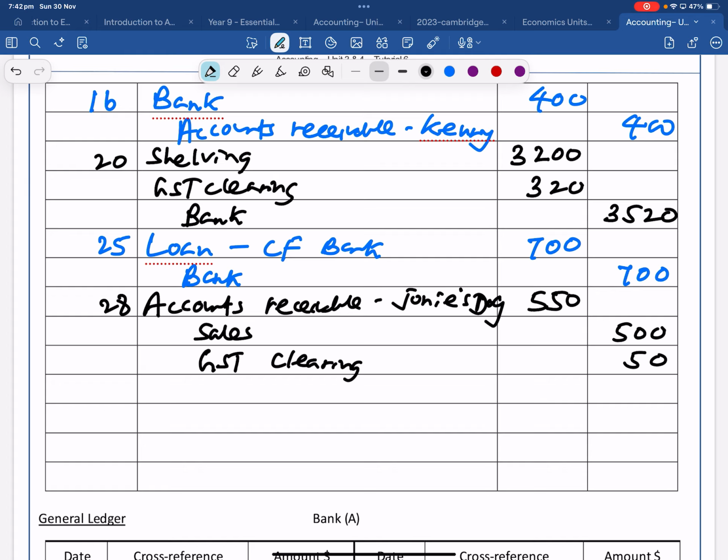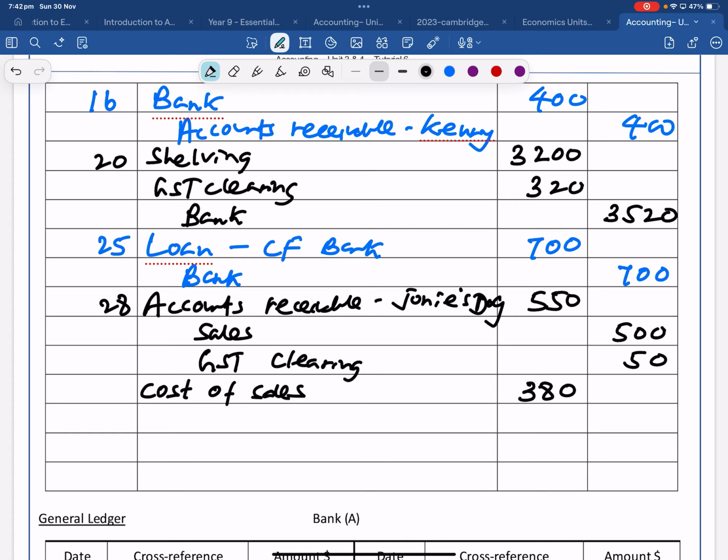Okay. Then what is the next one? Next set of double entry, Krishan? Cost of sales, debit, credit. Sorry, credit, debit. Why? Because it increases.